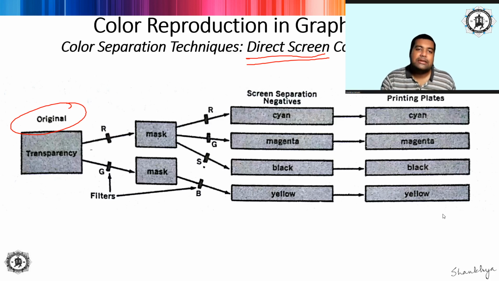So that is what you have seen over here from the different masks that we have prepared already. Using these masks, we will use them in conjunction with the transparency, so that we can expose them with the corresponding principal density or complementary filters in order to prepare the cyan separation negative, the green filter for the magenta separation negative, the split filter for the black separation negative, and the blue filter for the yellow separation negative, right?